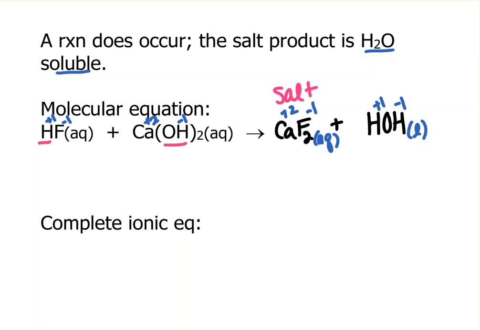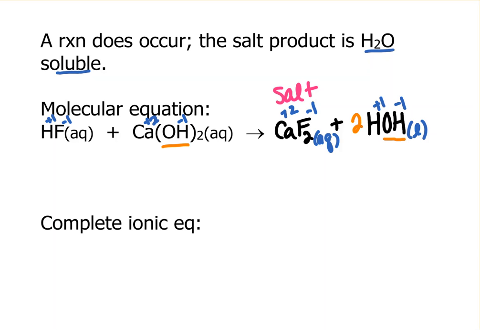Okay, one other thing we might want to do before we move on is to make sure that it's balanced, so I can spot something that is not balanced. And by the way, when I check this, I'm going to count the water as hydrogen ions and hydroxide ions. In fact, I'm going to start with the hydroxide ions because I see they're not balanced.